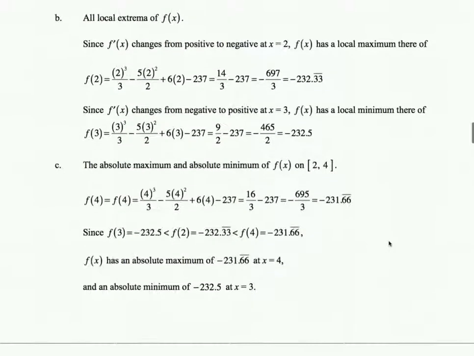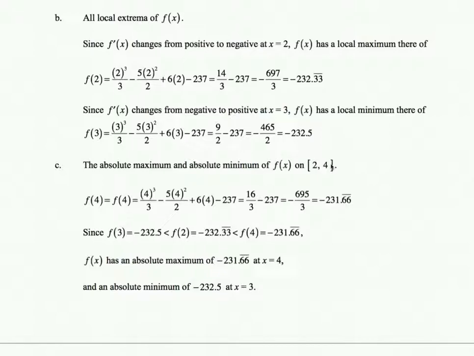In part C, we're asked to determine the absolute maximum and absolute minimum of this function on this interval 2 to 4. Well, to determine the absolute maximum and minimum on an interval, you evaluate the function, not a derivative or anything else.